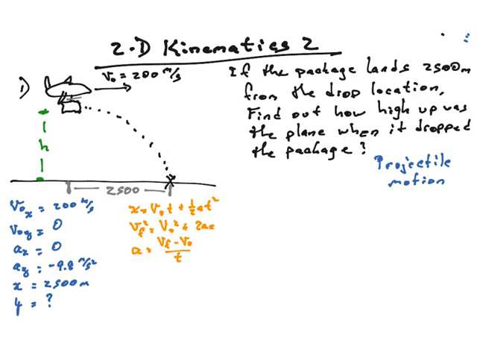Well, let's see. I'm looking for y. Do I have the initial velocity in the y direction? Yes, 0. Do I have the time? Ooh, no, I don't have time. Okay, so that tells me I can't use the first equation to find this.